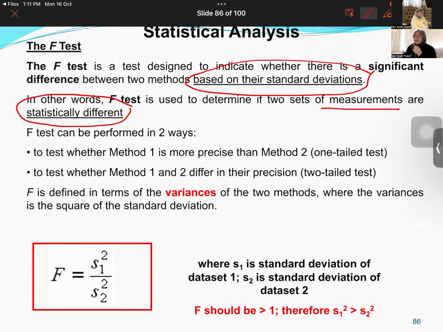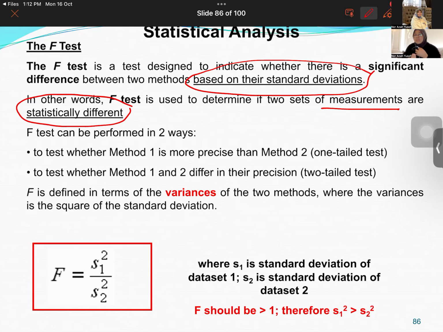But for the F-test, when we're talking about validation, just now I mentioned if you want to be sure, you probably need to send to someone's lab to do comparison. So let's say I'm doing an analysis. Of course, replication is compulsory, and I have a set of data. Let's say I analyze a drug.